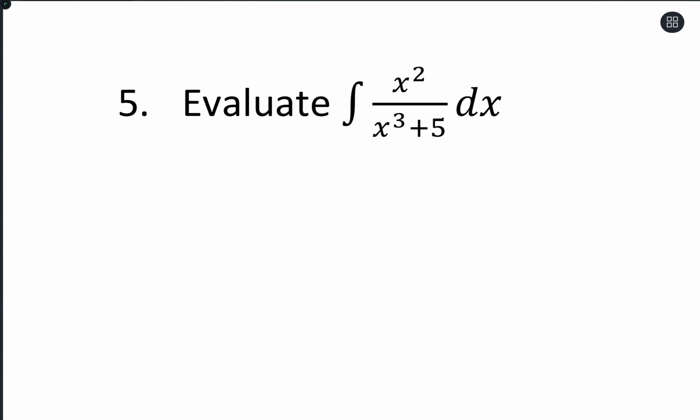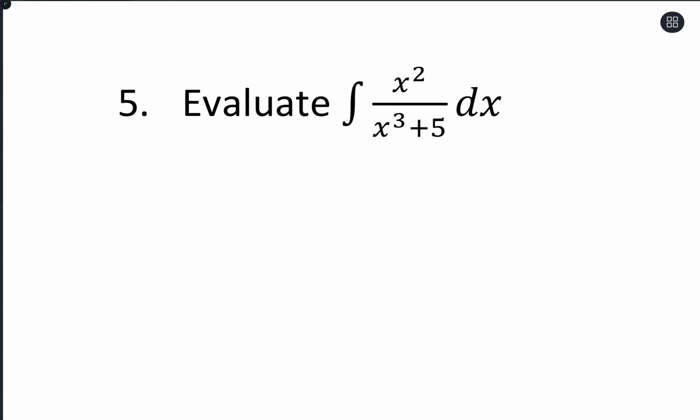Okay, one more here. This could be a tricky one to see what the inside and outside function is. We have x squared divided by x cubed plus 5. There isn't really an inside function and outside function, unless you think of the denominator as an inside function in a way.